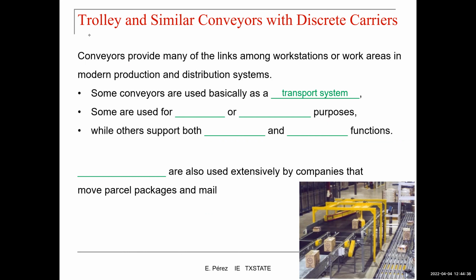They're just there to move items from point A to point B. Some of them are used for storage or accumulation purposes. You're holding product in this space until more space is available in the other area, or you're using them to split products as a way to know where each product needs to go. Others support both transport and storage functions.